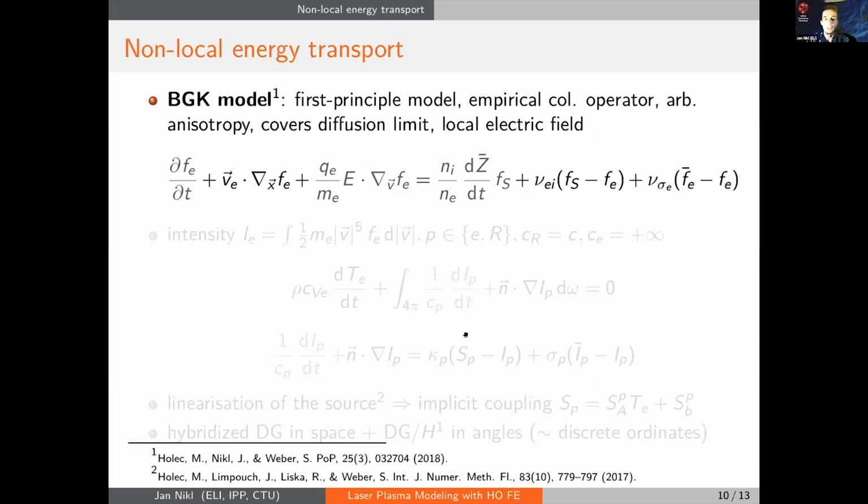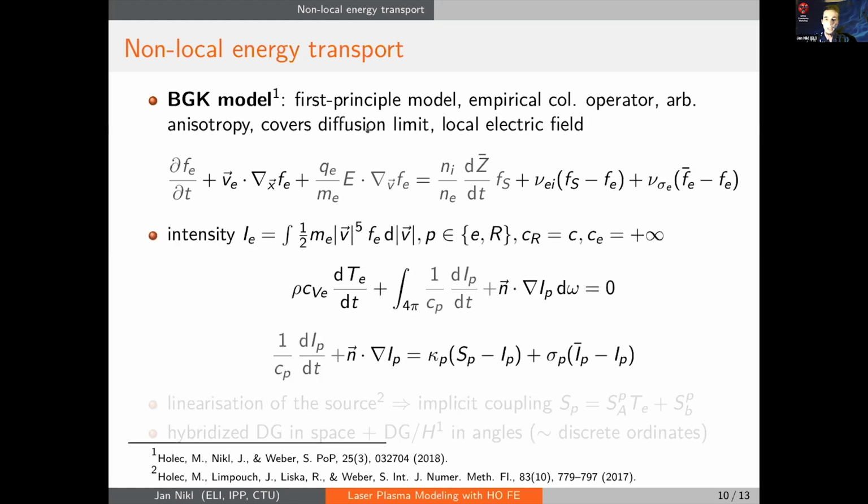And moving to that promised non-local transport model, the simplest one we have is based on the BGK operator in the kinetic equation. So it's actually the first principle model. And the kinetic equation for electrons is then integrated over all velocity magnitudes, but preserving all angles.